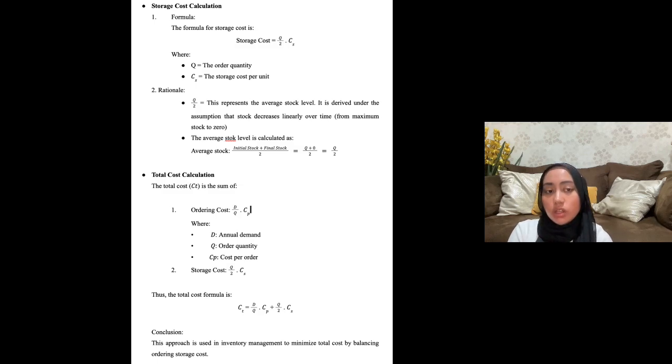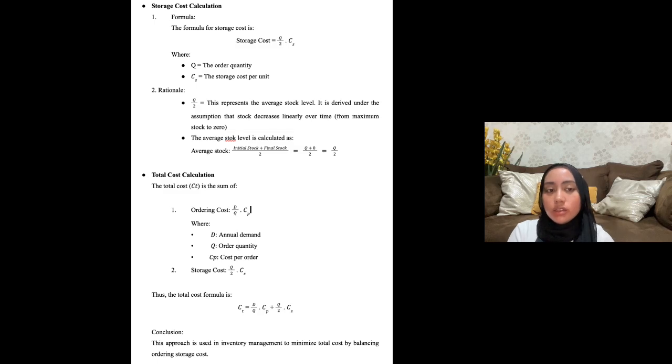And then we look at the total cost calculations. The first one, ordering cost, is D divided by Q times CP. D is the annual demand, Q is the order quantity, CP is the cost per order. And then storage cost is Q divided by 2 times CS.